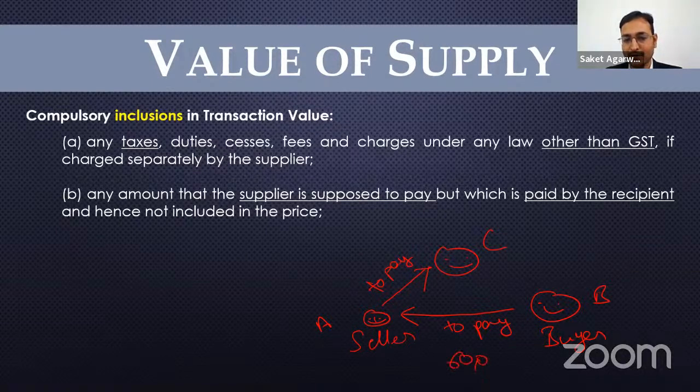Let's put figures here. 60,000 rupees the buyer is supposed to pay to the seller. The seller is supposed to pay 10,000 rupees to C because of some transaction between A and C. We are not bothered about why A has to pay C. Maybe A purchased something, maybe A took a loan from C, maybe C is a relative and A wants to give something to C. Does not matter why, but A has to give 10,000 rupees to C. So what is the seller saying?